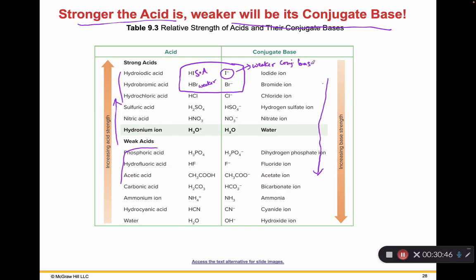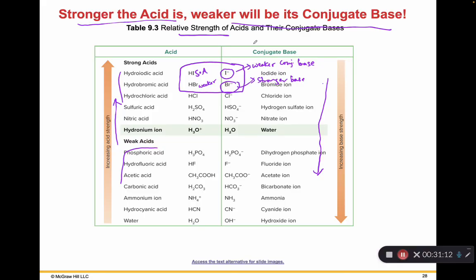The relatively weak acid HBr will give you a relatively stronger conjugate base. So that is what we have to understand: the stronger the acid is, the weaker its corresponding conjugate base will be. That is how we talk about the relative strength of acids and their conjugate bases.